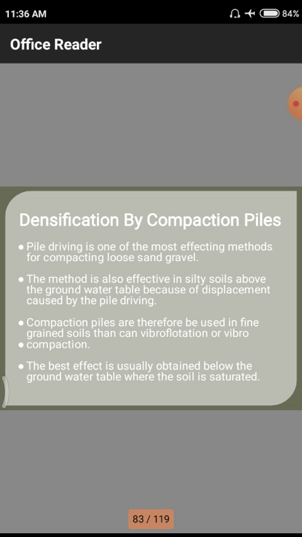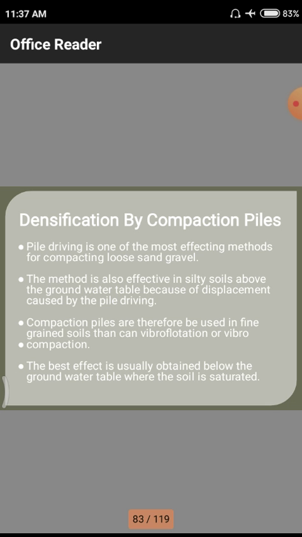But in finer soils, where the particle size is very small, we don't construct sand columns, because it is a costly procedure. We go for compaction piles.